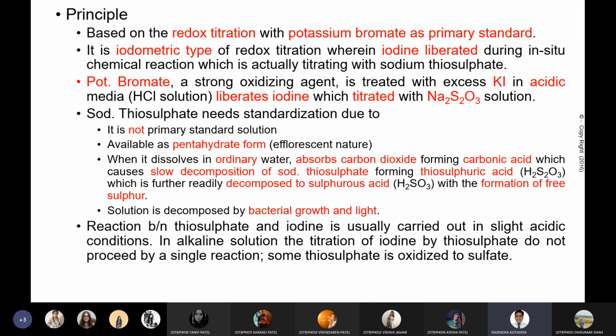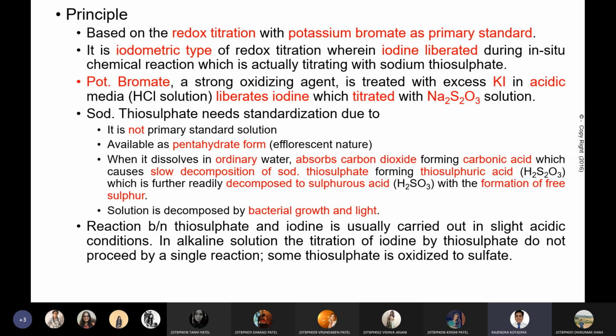Now look at the principle. This is very important and crucial. So regarding the principle, it depends on redox titration, where potassium bromate acts as primary standard. In redox titration, generally reduction and oxidation reactions are going on simultaneously.